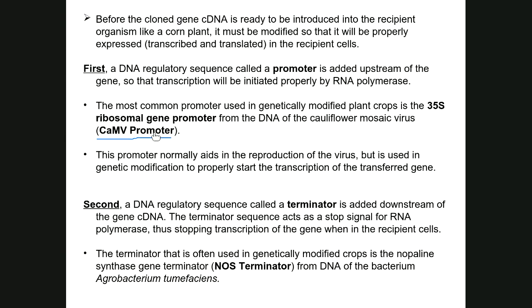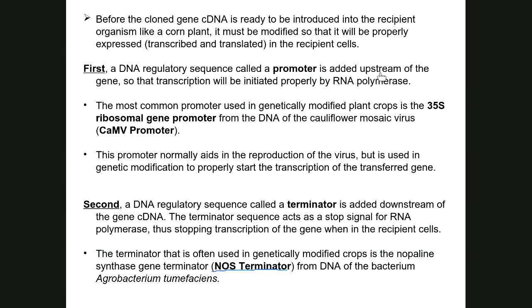On the other end, they found that in the bacterium Agrobacterium tumefaciens, excuse me if I didn't pronounce that correctly, there is a terminator known as the nopaline synthase gene terminator, but it more popularly goes by the NOS terminator. They found that this terminator works very well when you put it downstream, or at the end of the gene.